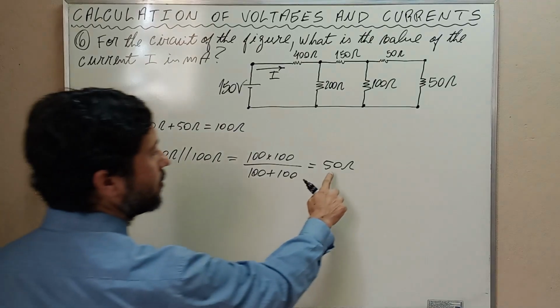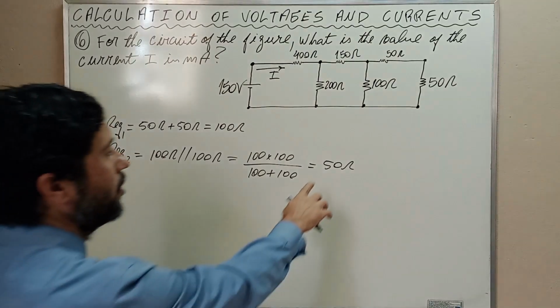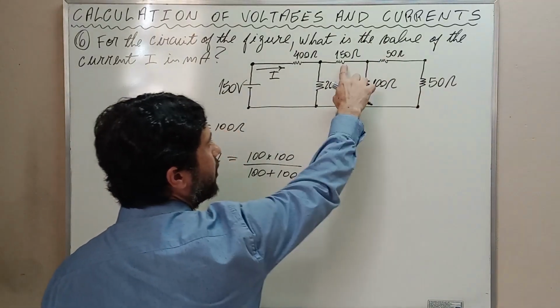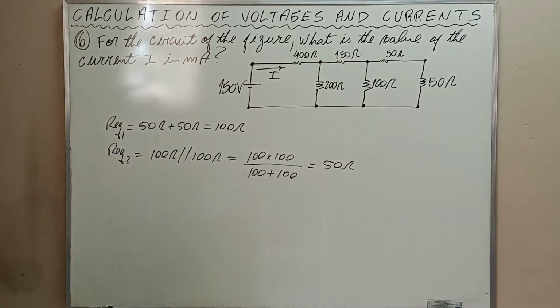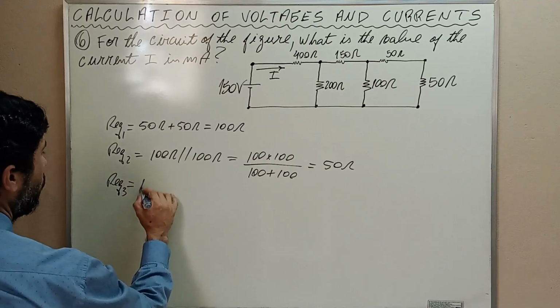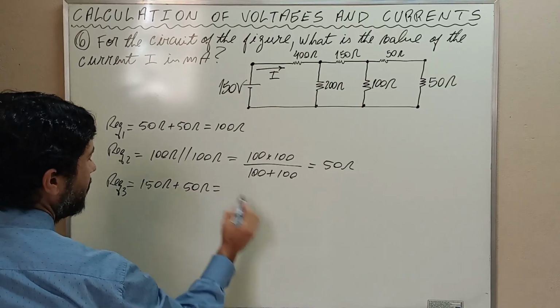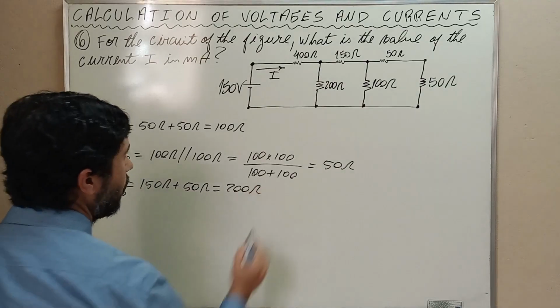Observe now that this is in series with this. This replaces all this and appears in series with this, and it is easy. Equivalent resistance number 3, we simply add 150 ohms plus 50 ohms, and this is equal to 200 ohms.